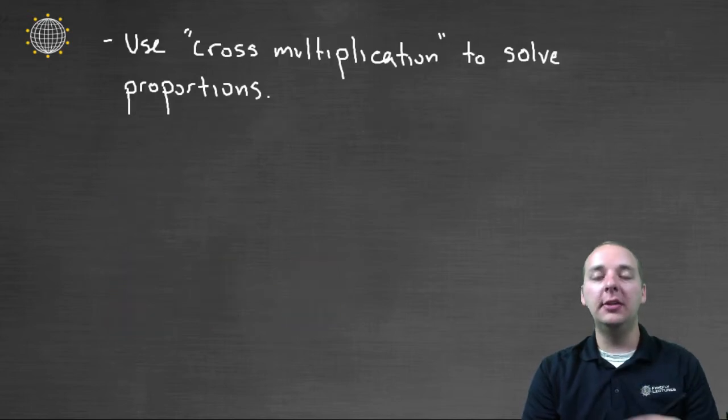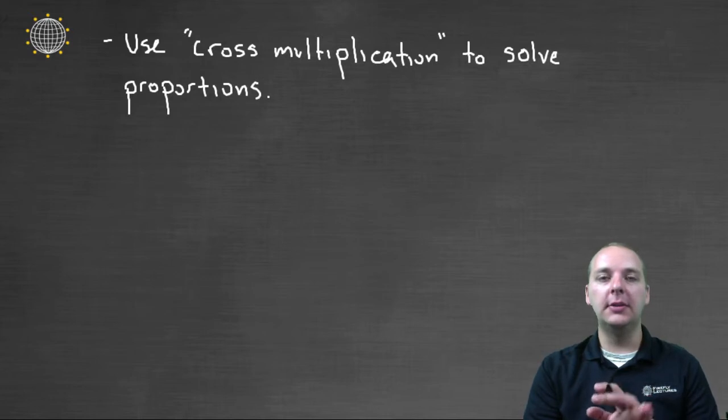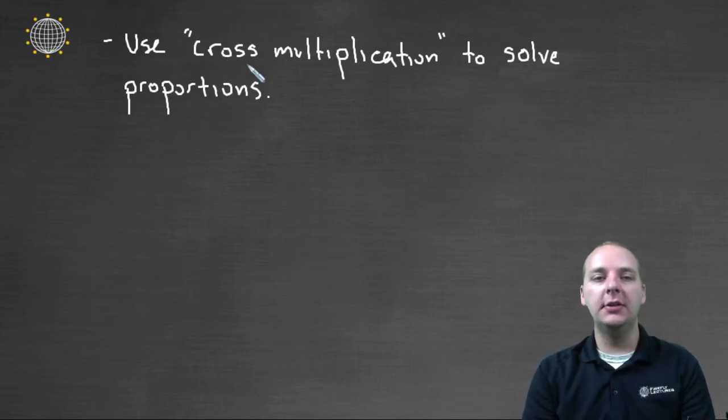The way we typically solve proportions in an algebraic manner is using something called cross multiplication. It's an extremely helpful algebra procedure. It looks something like this.